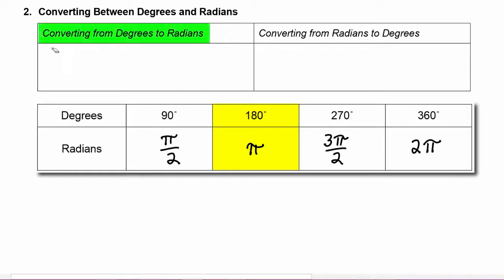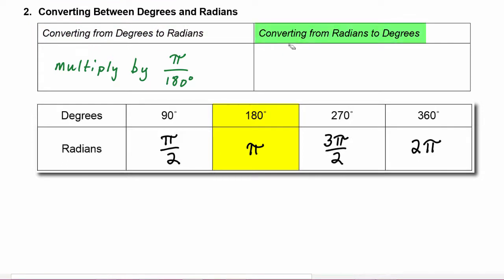When we are converting from degrees to radians, we're going to multiply our angle by pi over 180 degrees. That's our conversion factor. And when we're converting from radians to degrees, we're going to multiply our angle by 180 degrees over pi.